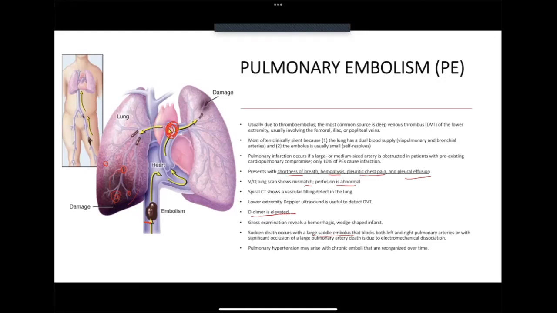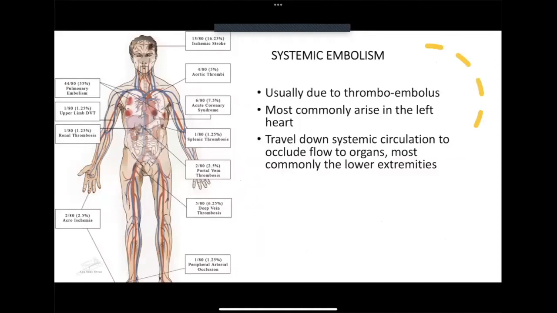You can have pulmonary hypertension that arises over time, because when there is blockage of these arteries, you can see increased pressure in the pulmonary system, and that could cause pulmonary hypertension.